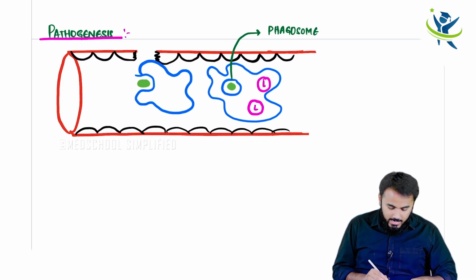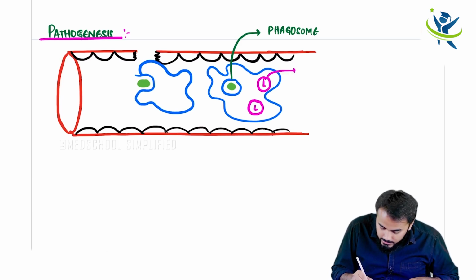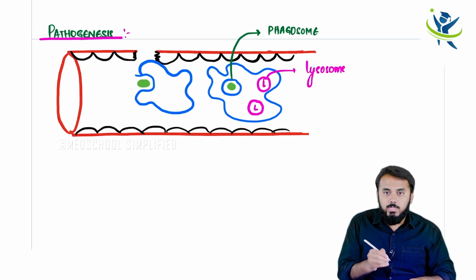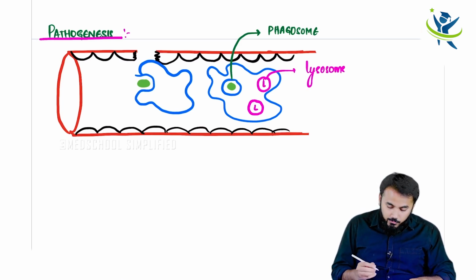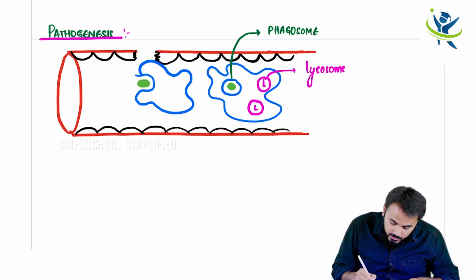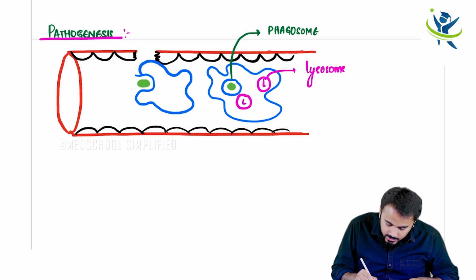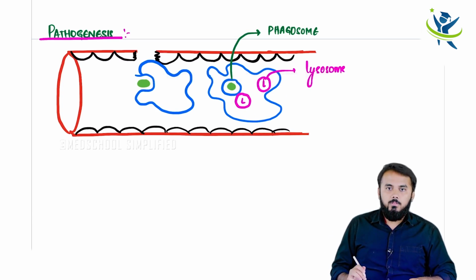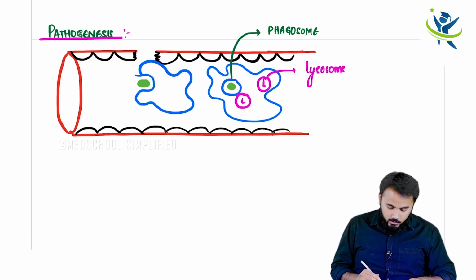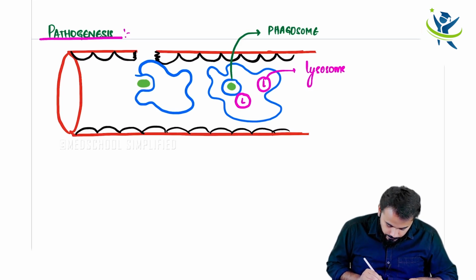So this is your lysosome, and it moves all the way, and finally it starts fusing with the phagosome. Now once it fuses with the phagosome, how does the picture look?